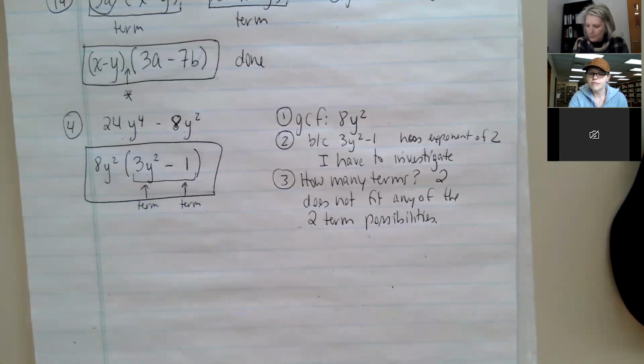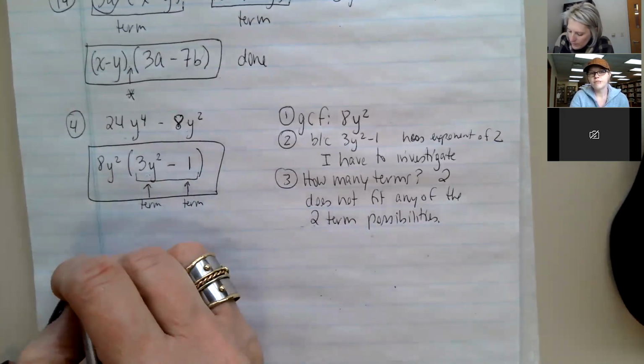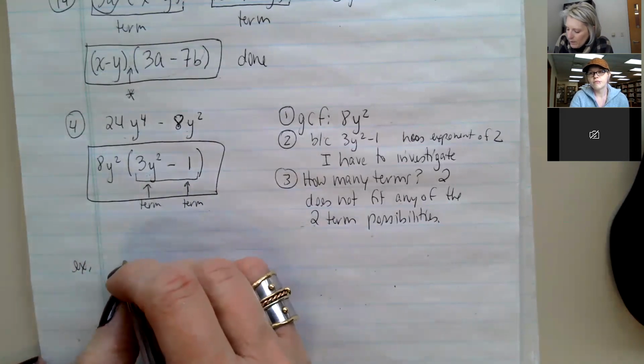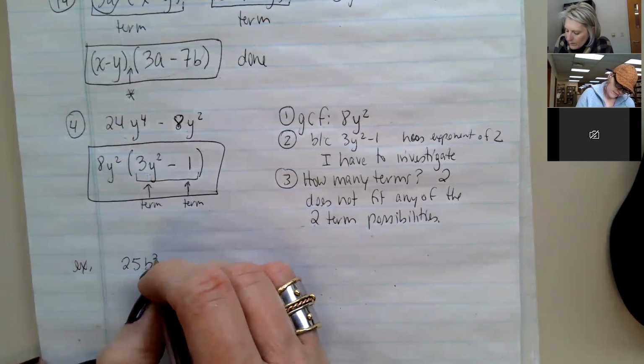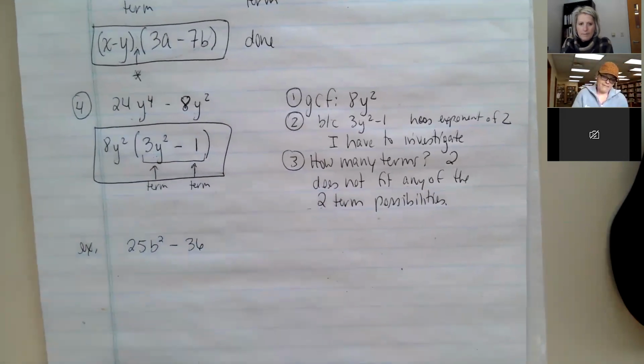So let's see. We did that one. We did that one. Okay, so I'm going to give you a new one. This is just my own little example. I'm going to make up, and we're going to say 25b squared minus 36.